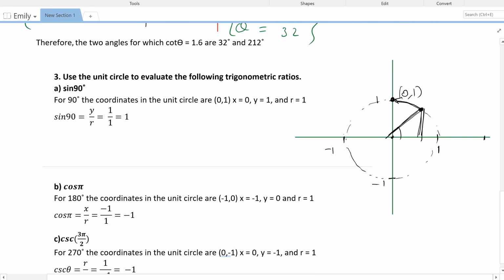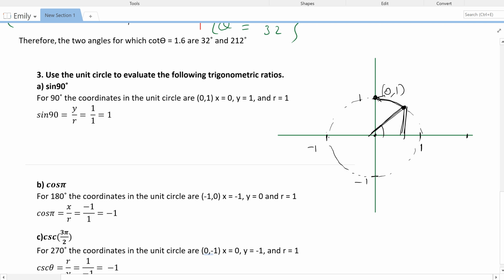When this point reaches there, this side becomes equal to that one. Do you agree? When this point moves there, the triangle is going to look like just a straight line. Why? Because your opposite side and hypotenuse become the same. So opposite side and hypotenuse become equal.